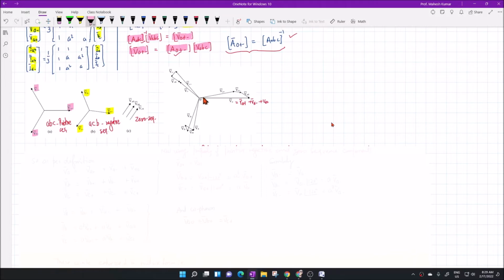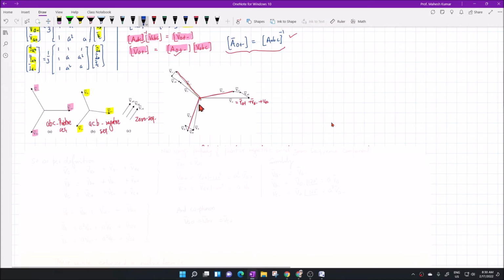This is Vb plus here. What is Vc plus? This is Vc plus. You see, these are balanced phasors, positive sequence balanced phasors.